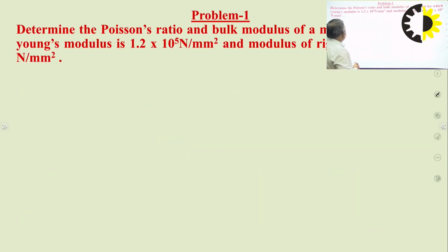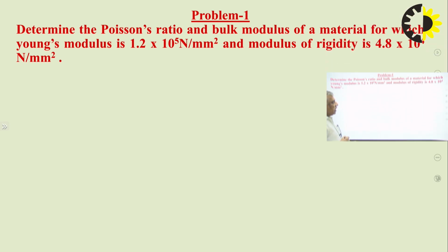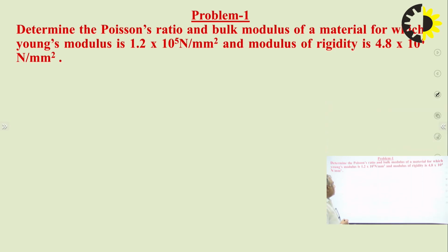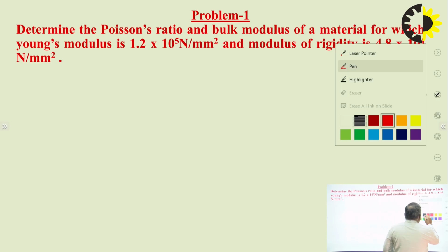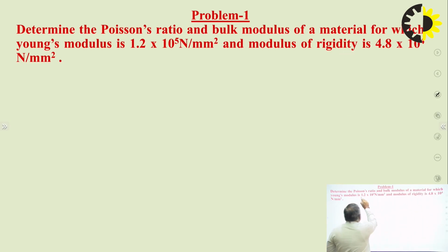The first problem is: determine the Poisson ratio and bulk modulus of a material for which Young's modulus is 1.2 × 10^5 Newton per mm², and modulus of rigidity is 4.8 × 10^4 Newton per mm². This Young's modulus is E, which we consider the modulus of elasticity. G is given, and now you have to find the Poisson ratio.